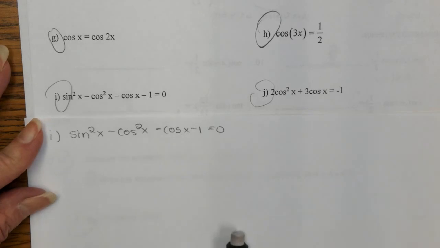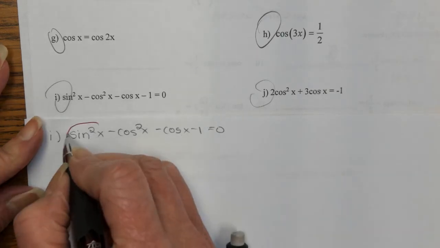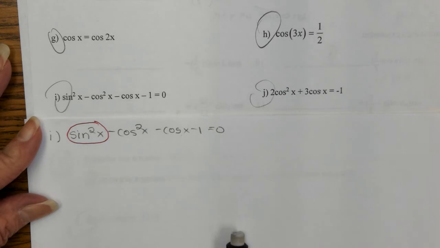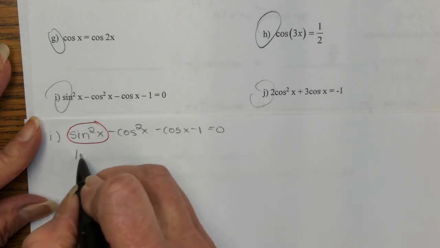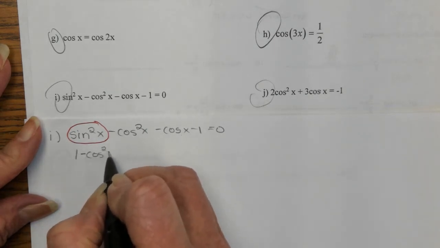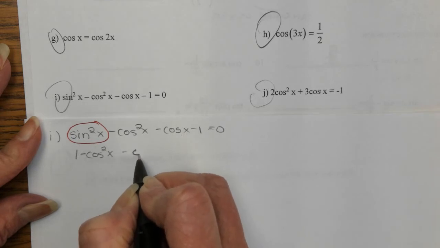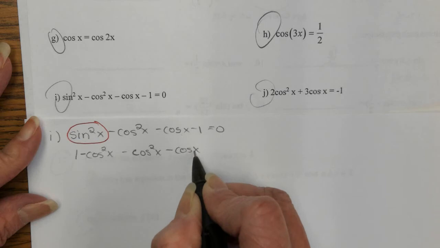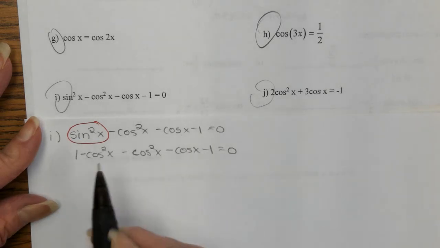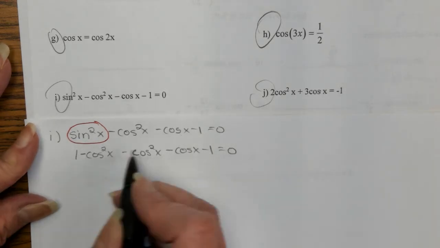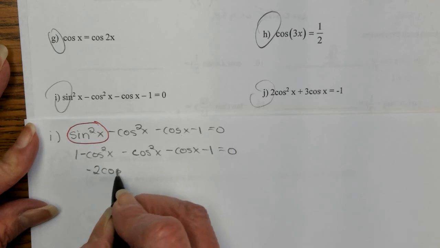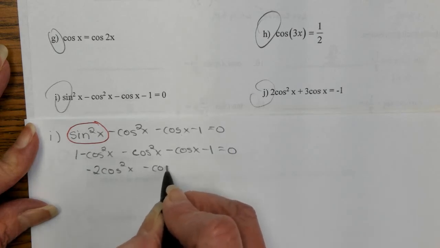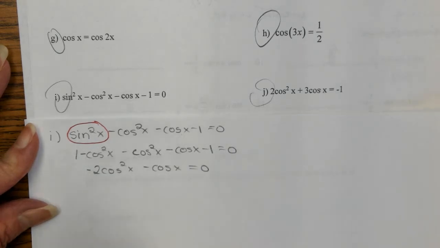So I'm going to substitute in 1 minus cosine squared x here, so that everything is in terms of cosine. And when I do that, the 1's are going to cancel out. I'm going to have negative 2 cosine squared x minus cosine x is equal to 0.